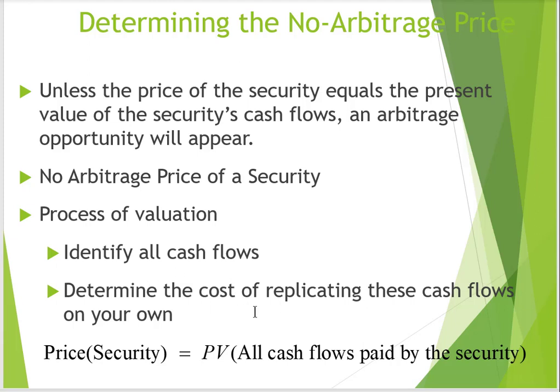You also have to understand the cost of replicating these cash flows. What this is asking is, what is the required return, or the cost of financing, to pay for these expected cash flows? So the price of the security equals the present value of all the cash flows paid for the security.